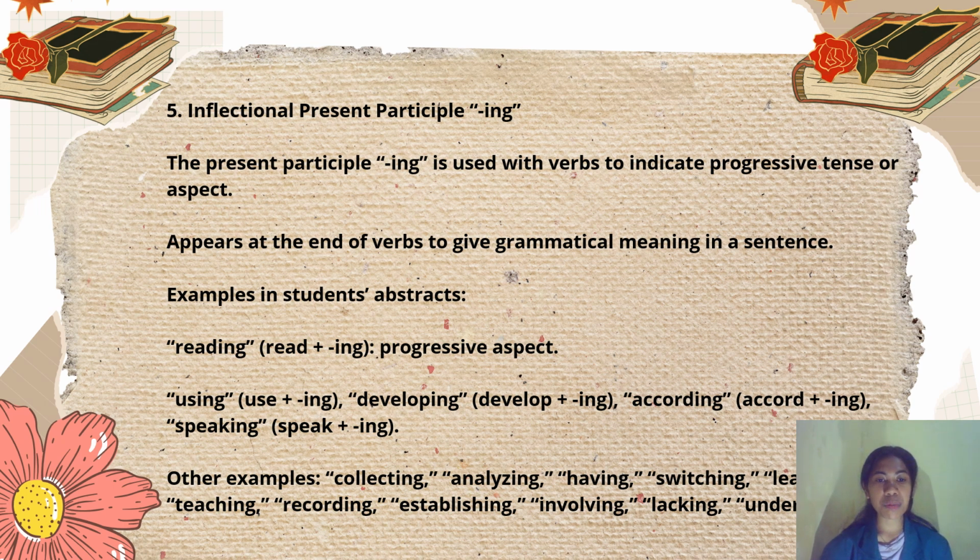And the free morpheme use plus the present participle ing becomes using. Develop plus ing becomes developing. Accord plus ing becomes according. Speak plus ing becomes speaking. The other examples are collecting, analyzing, having, switching, teaching, recording, establishing, improving, lacking, understanding, and learning.